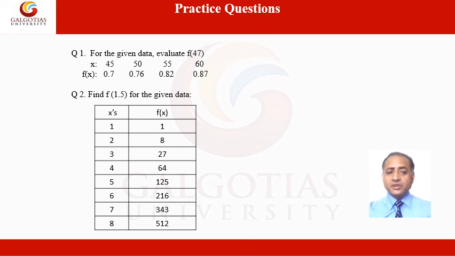Means for both the questions we will apply Newton's forward difference formula, because in the first question y is to be evaluated at 47, which is near the first value of x. Similarly, in the second question we have to evaluate y when x is equal to 1.5, which is again near the very first value of x.